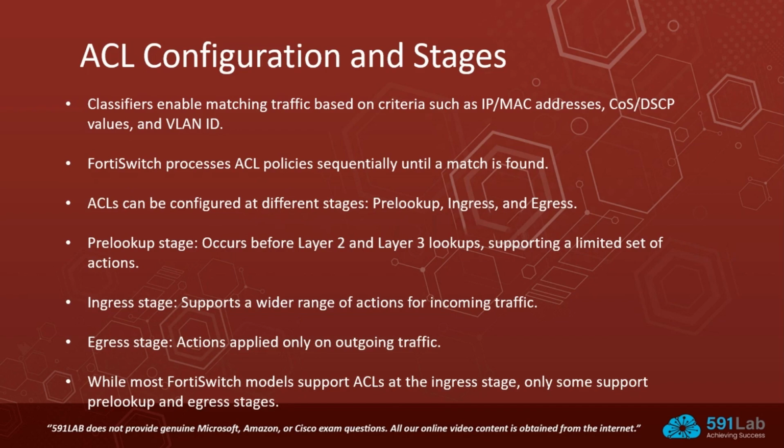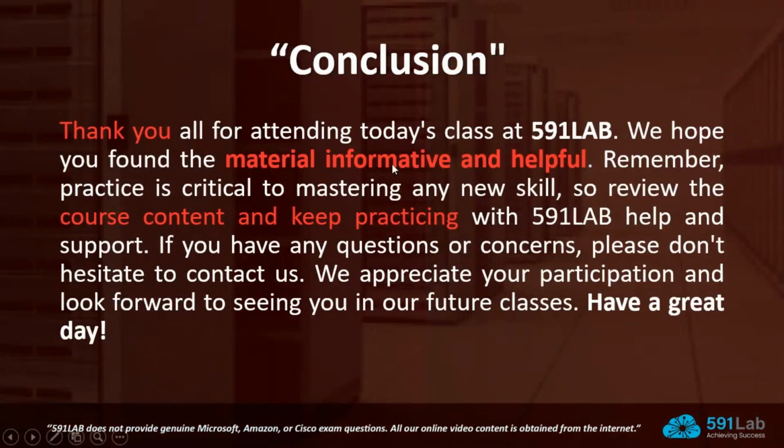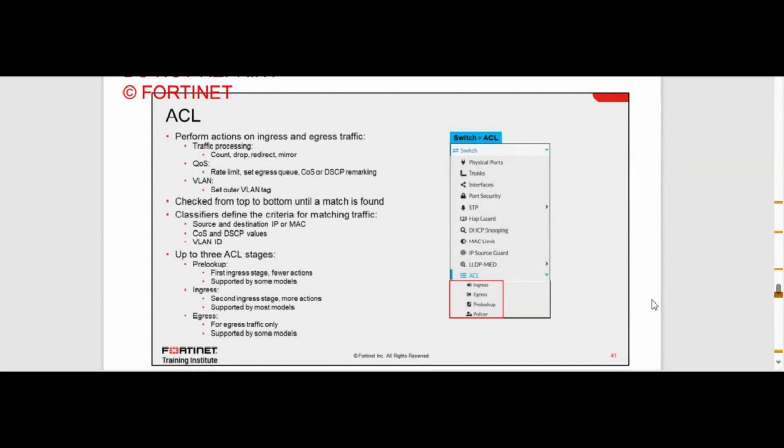There are up to 3 different stages you can configure ACLs depending on the FortiSwitch model. The stages are pre-lookup stage, ingress stage, egress stage. Pre-lookup is the first stage in the pipeline for the ingress traffic.